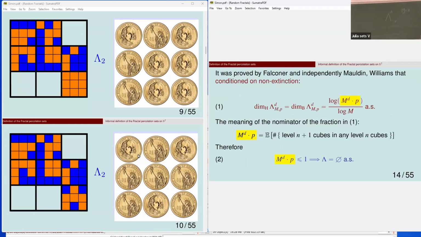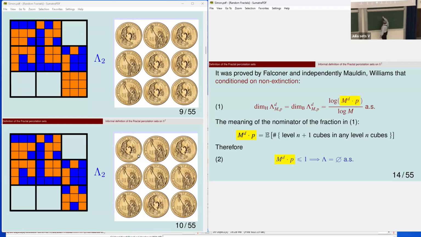On this picture, D is equal to 2, and for a while D will be equal to 2. So if D is equal to 2, and we come back to our picture earlier, then m was 3, so we have m squared little squares, so we have 9. And the probability for each of them to be retained is p.